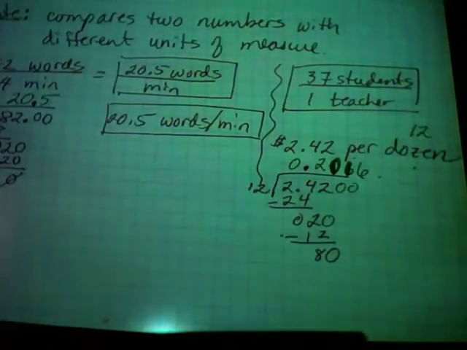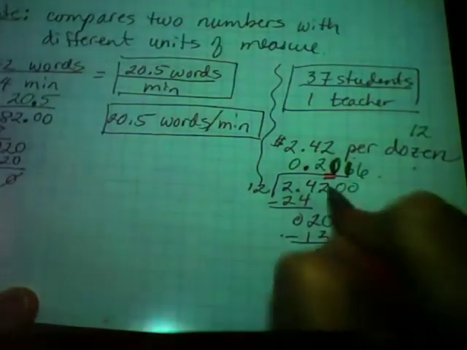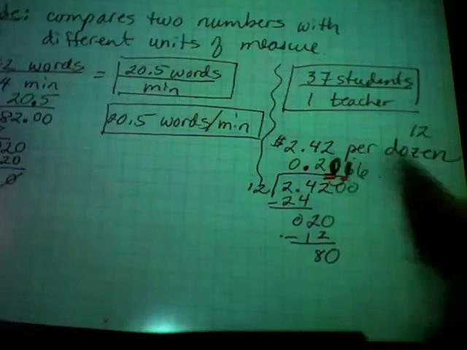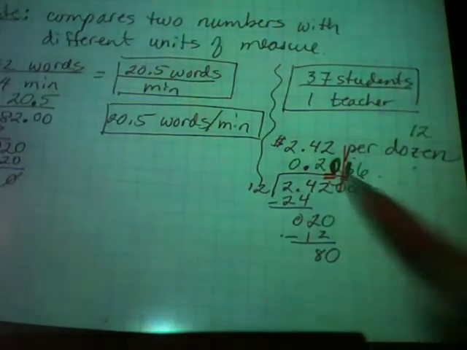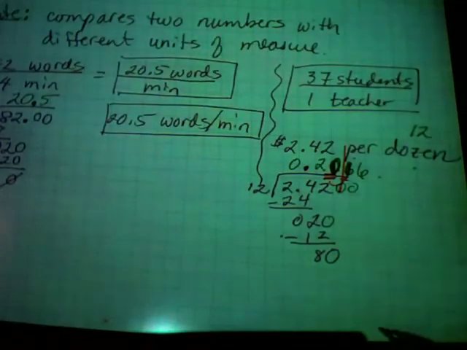So how much is it per dozen in terms of cents? If I want to cut it off right here, what's next door? A 1. Because a 1's next door, we're going to keep it at 20 cents. What if the 6 had been next door? It would have been 21 cents if the 6 had been next door, right? If it's 5 or higher, you round up. If it's below 5, you keep it the same.